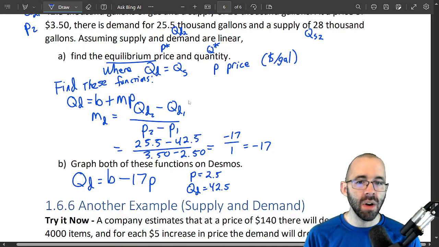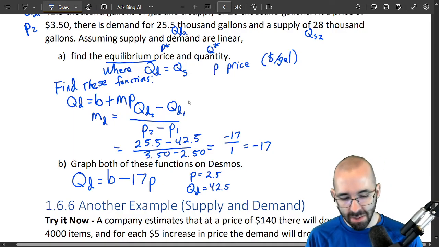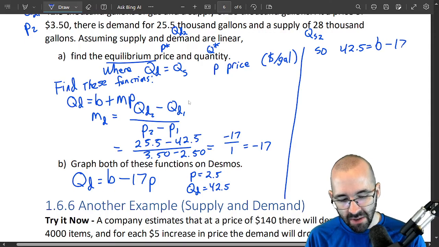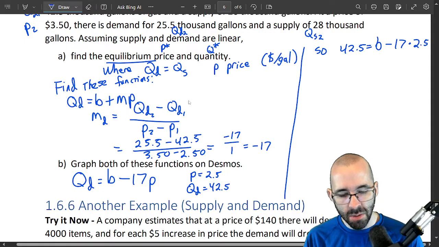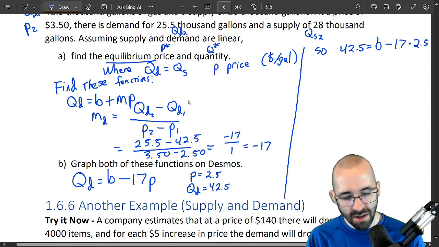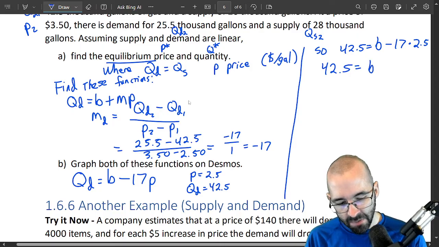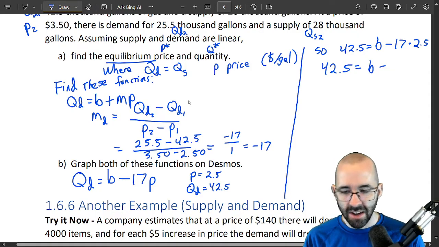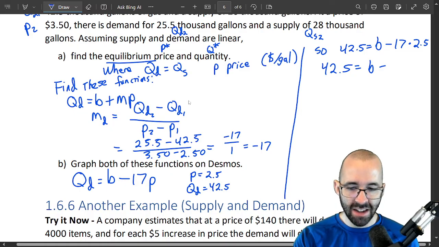We can plug in both of these values to find what B has to be. So QD is 42.5, and that's going to equal B minus 17 times P, which we said was 2.5. We can solve for our B value. 42.5 is B minus 2.5 times 17, that's 34 plus 8.5.